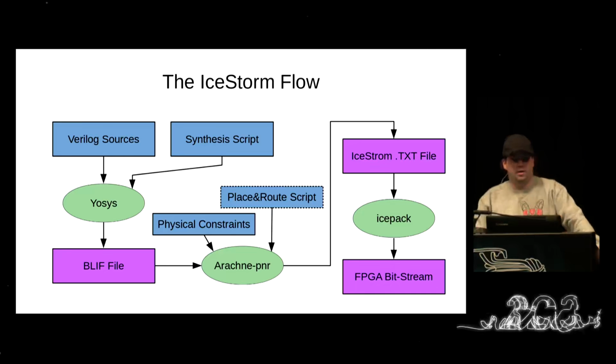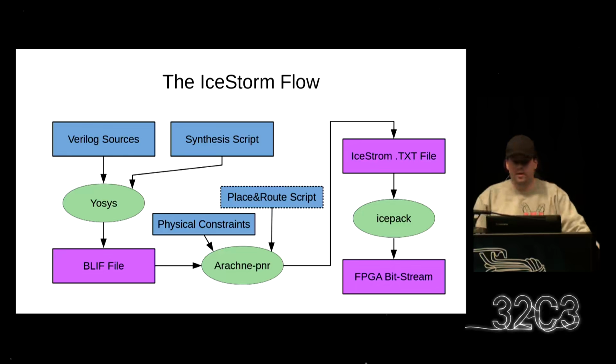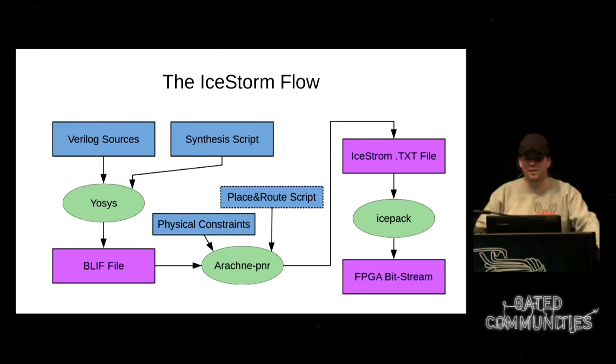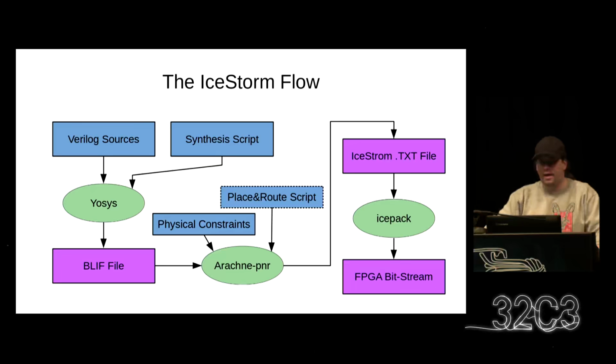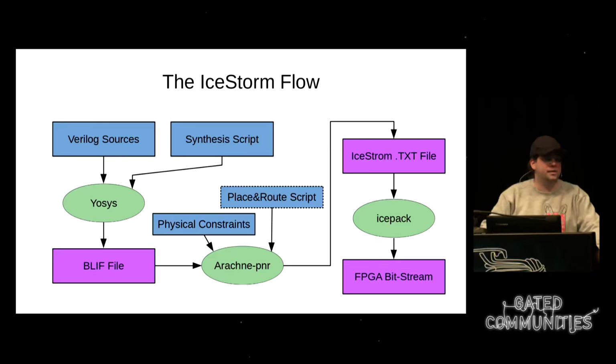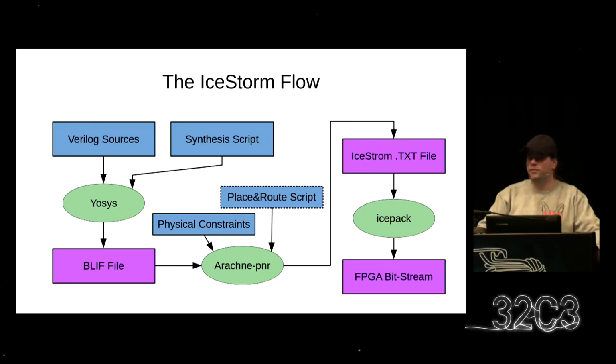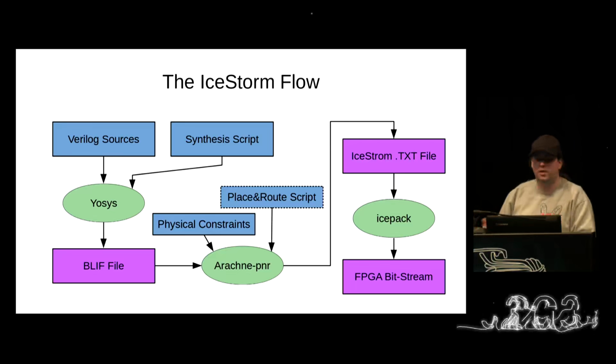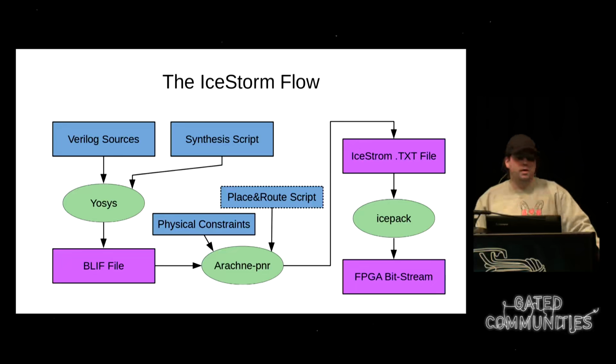Then we take this netlist, the BLIF file, and we pass it on to Arachne PNR, the place and route tool written by Cottonseed. And we also give Arachne PNR a few additional files. Namely, we give it a physical constraints file that specifies where each input or output of the design should go on the device, to which pin it should map.